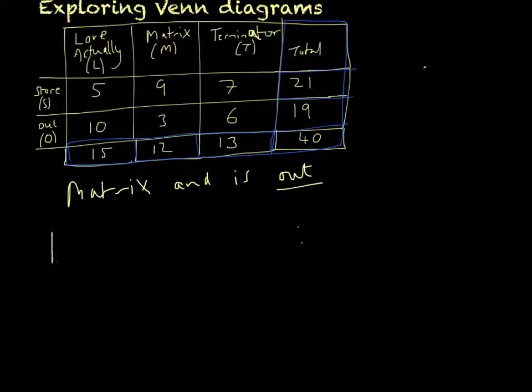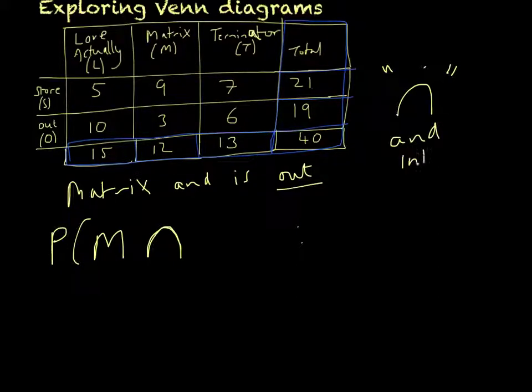So we're going to use this intersection notation. So we're saying probability of picking the Matrix, and this upside down horseshoe shape means intersection. So probability of M and the probability of it being out on loan, so O.